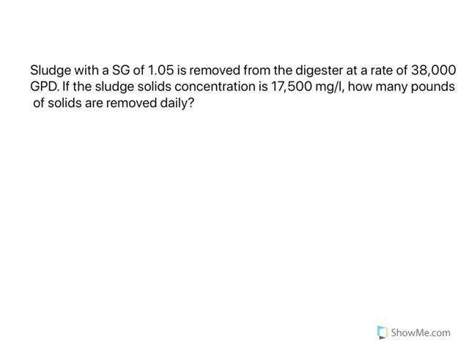And the last problem is virtually the same as the problem we just did, except that you were given the specific gravity, and now we can plug that into our pounds formula to figure out our total pounds. So remember, pounds formula: flow in million gallons, or million gallons per day, times solids concentration in milligrams per liter, times 8.34, and we're going to add one more step to it, times specific gravity.